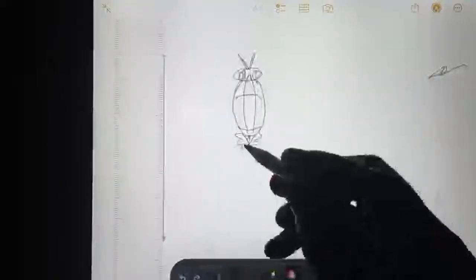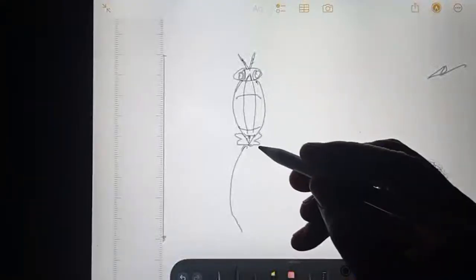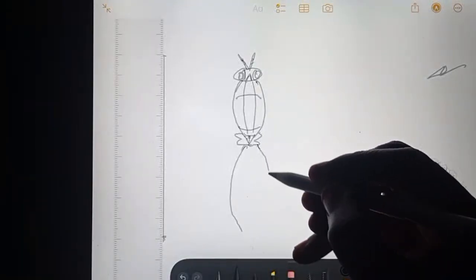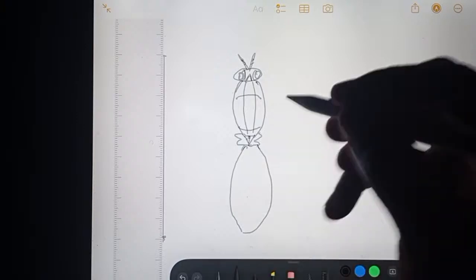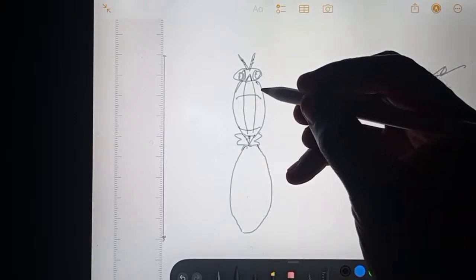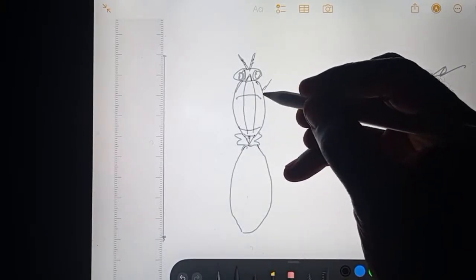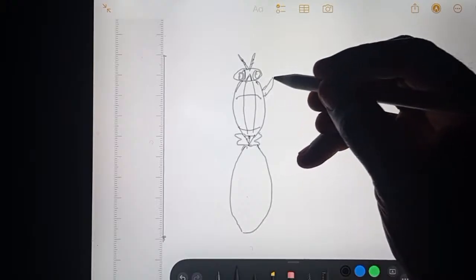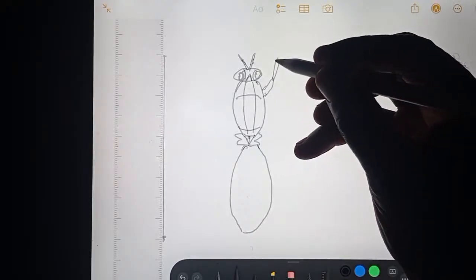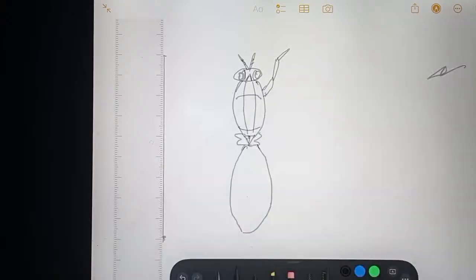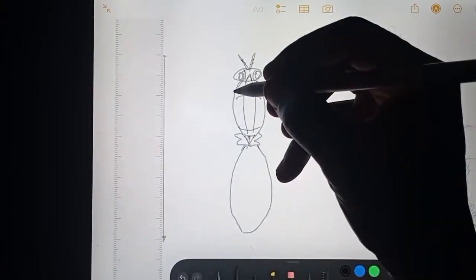After, I will explain how I did it again. And then the first set of legs should point up like this and like this. You see, we are getting there.